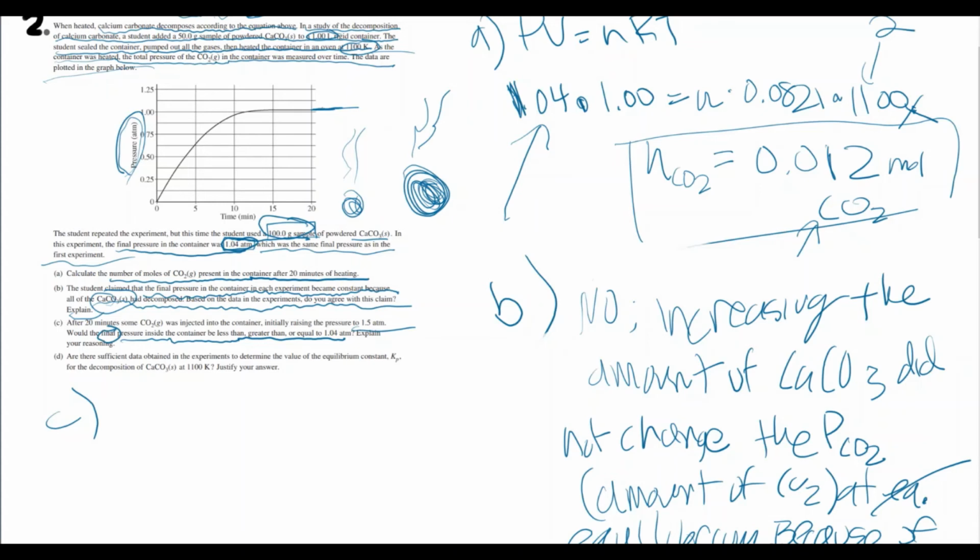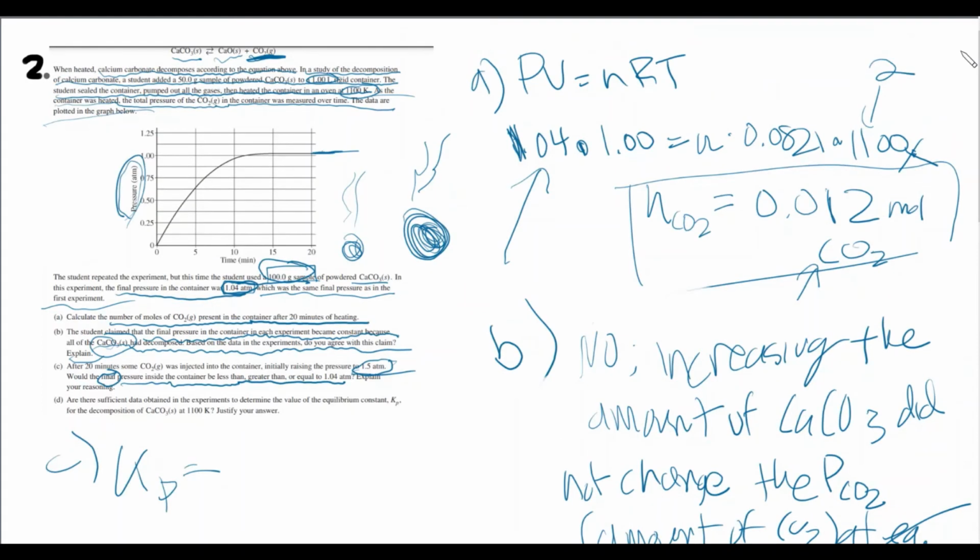So, let's figure out what's going on here. It says that they add a bunch of CO2, and what will happen after some time if you leave it in the container for some time? So, let's write the Kp for this reaction. The Kp for this reaction is going to just be the partial pressure of CO2.